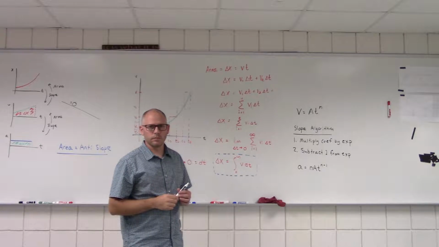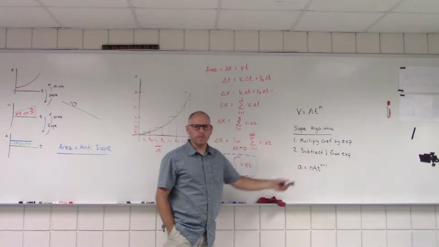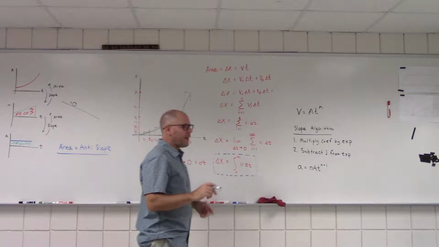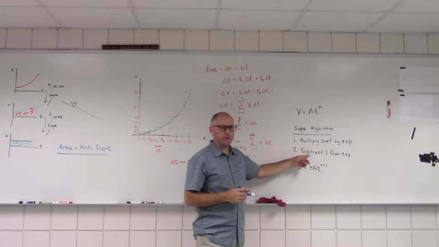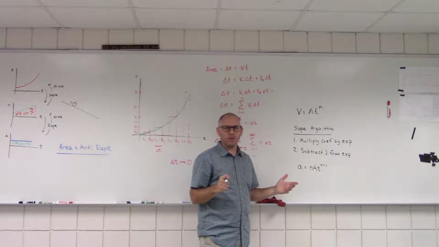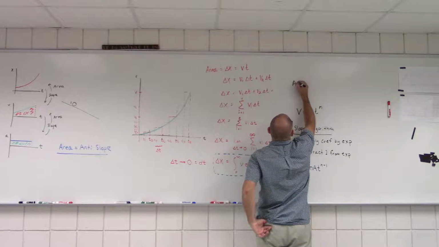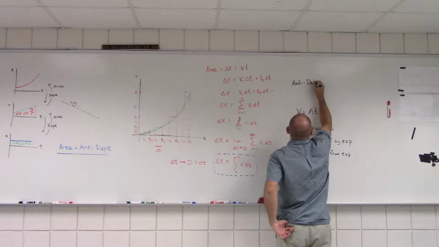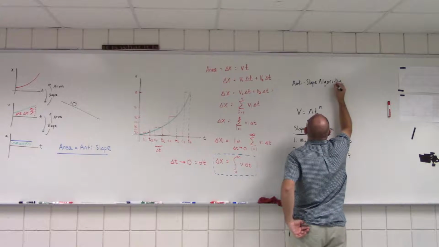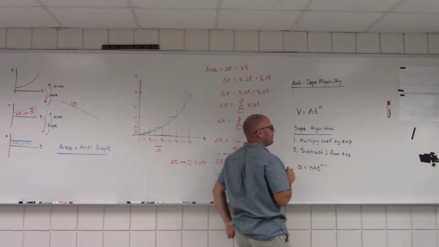Well, now what I want to do is I don't want to use the slope algorithm, I want to use the anti-slope algorithm. And the coolest thing about it is the anti-slope algorithm is you do the same two things, but because it's anti, you do them opposite, and you do them in the opposite order. So the anti-slope algorithm: opposite thing in opposite order.